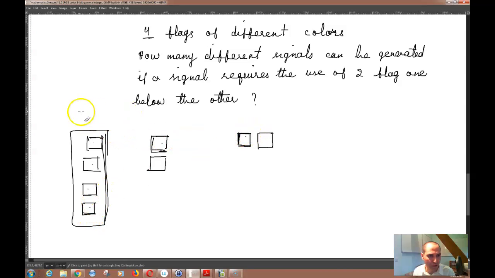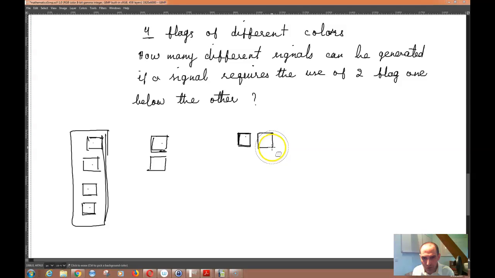So you can take these as four different letters, and two of these four letters generate a word which contains only two letters, as opposed to the previous example where the word contained four letters, right?